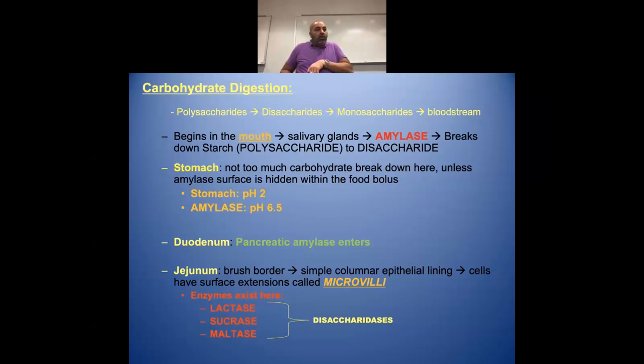So it's minimal. Once we make it out of the stomach into the duodenum, we have tons of bicarb there and tons of mucus. We neutralize the acid, and the pancreas dumps in amylase. That's really where we start to break down the carb. Then we fine tune it in the jejunum. There are what's called brush border enzymes.